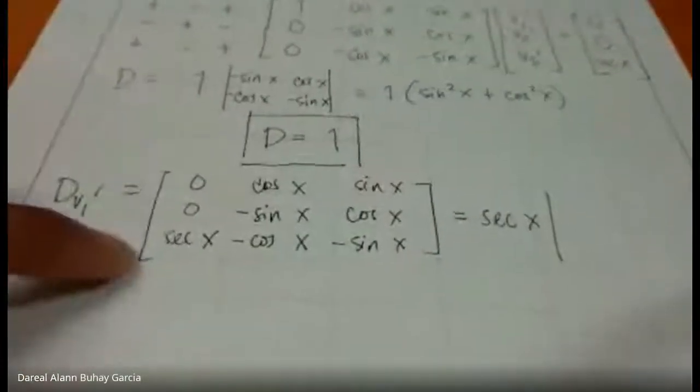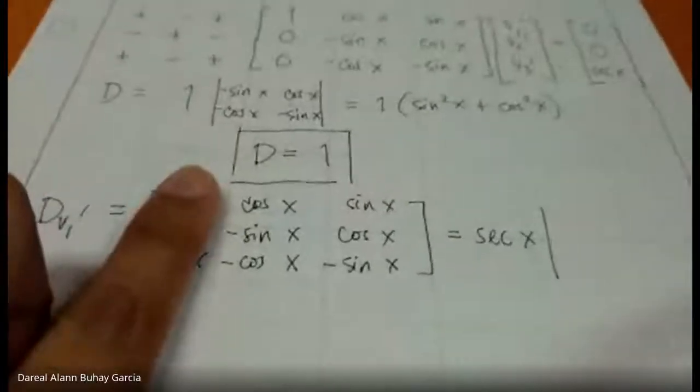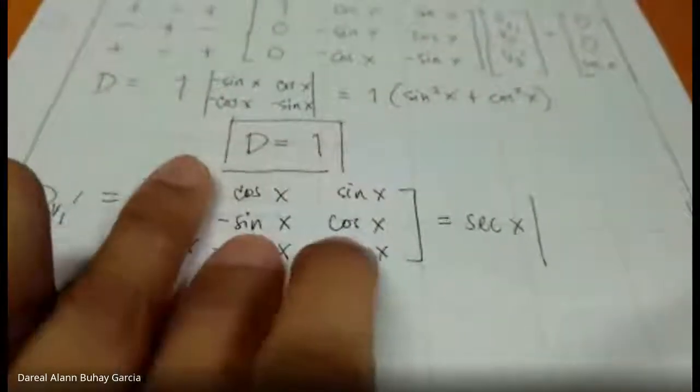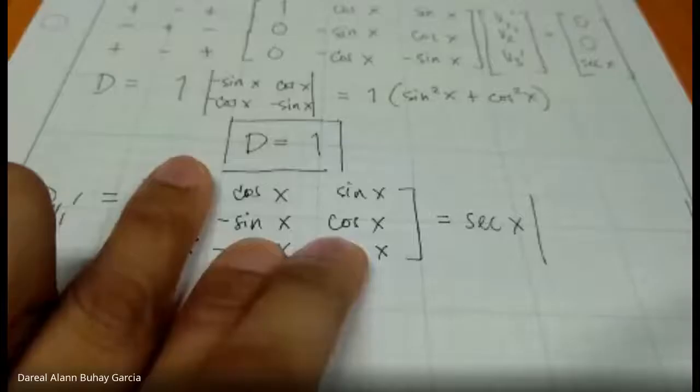So from the pattern, plus minus plus, positive as a second x. So ang mga submatrix na second x. Si cosine, sine, negative sine, cosine. Second.